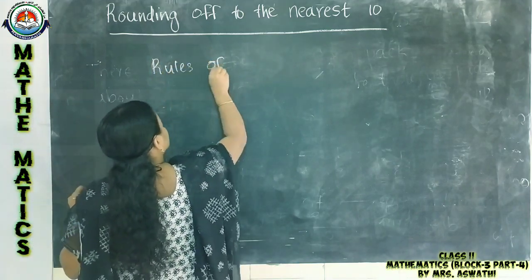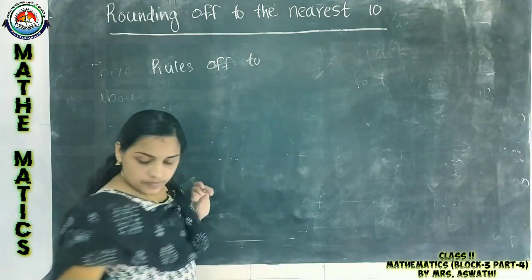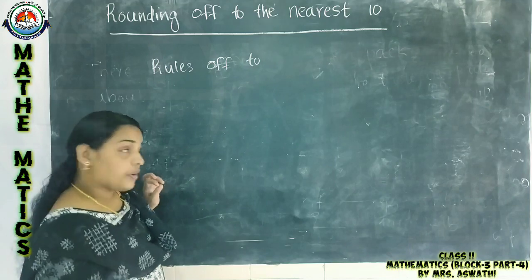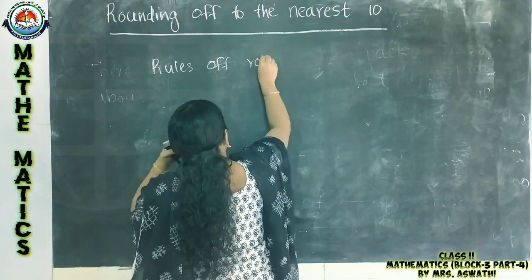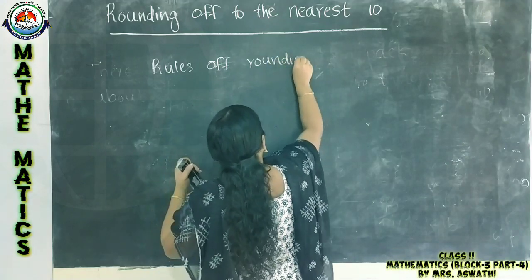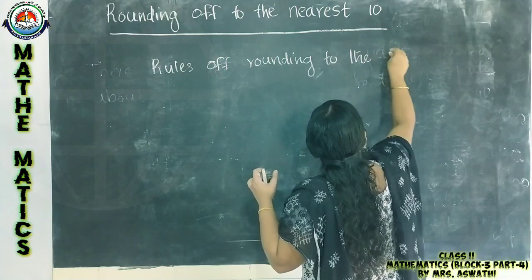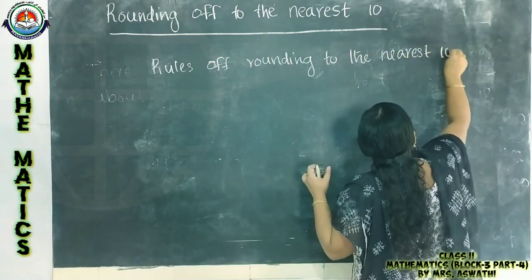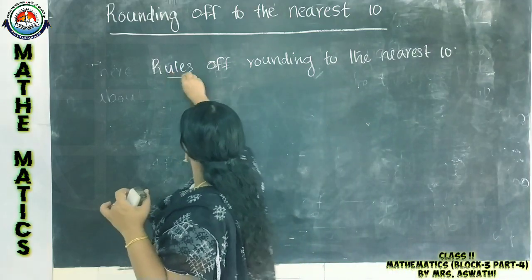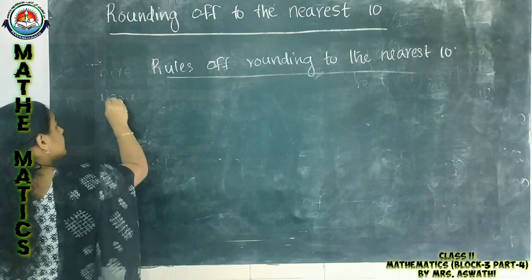Rules of rounding to the nearest 10. Which are the rules? Listen here.